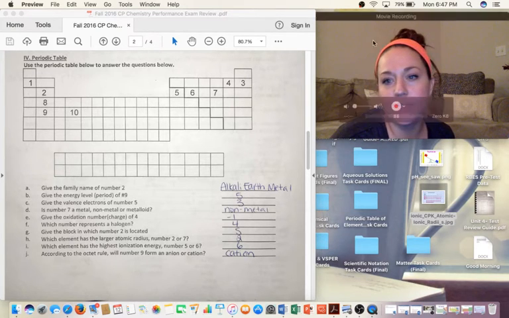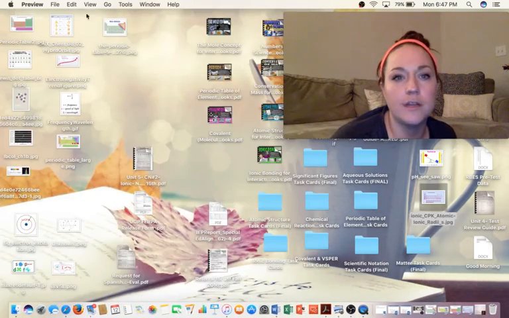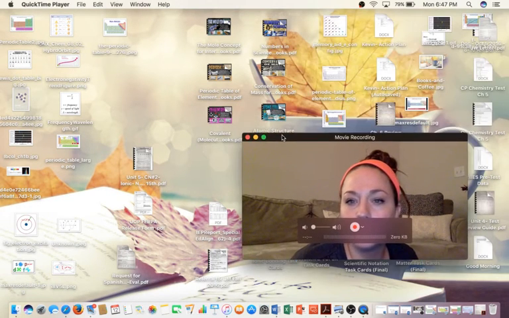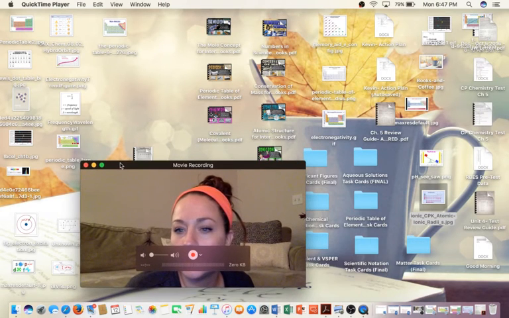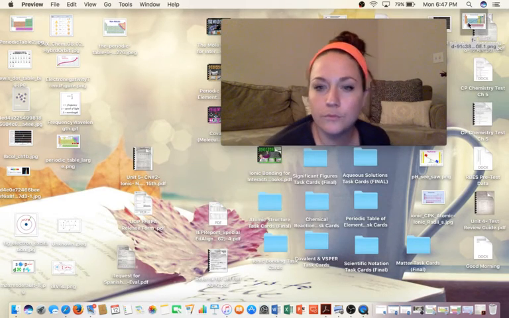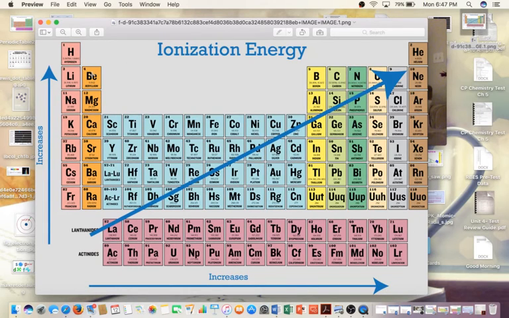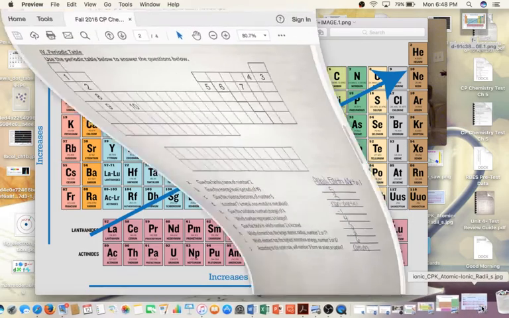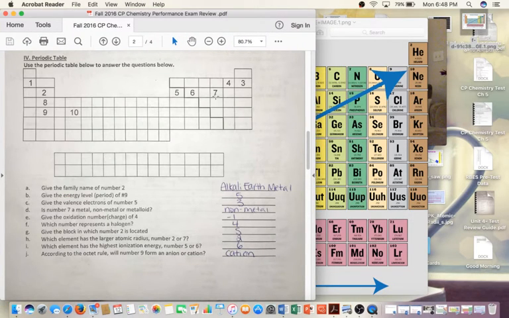Ionization increases as it goes up, and it increases at an angle across as well. So the question asked is whether 5 or 6 has a greater ionization.